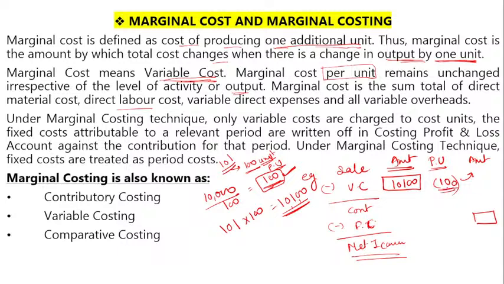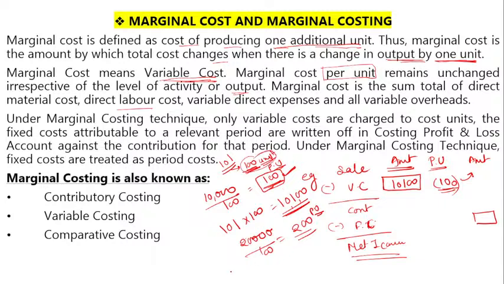It's just the opposite of the fixed cost. Suppose the fixed cost is 20,000. When the company produces 100 units, we divide by 100, so the per unit fixed cost is 200 when the company produces 100 units.